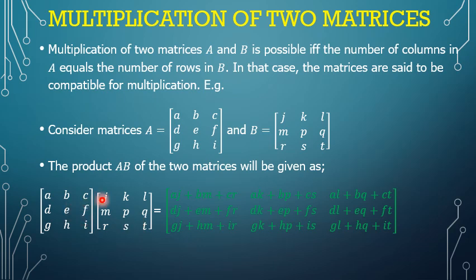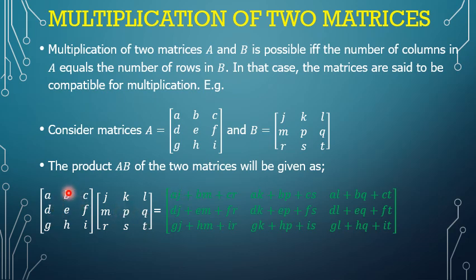Again, for the first row, third column, we will use the third column of matrix B, but still the first row of matrix A. That will be a times l, AL, b times q, BQ, and then plus c times t, CT.